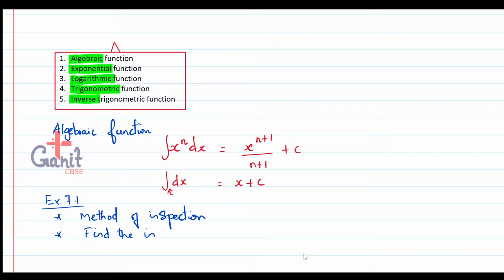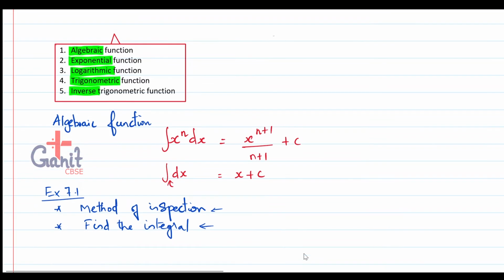If the question says use the method of inspection, we have to inspect by using differentiation. And if the problem says find the integral, we have to just apply the formula. So we'll solve 2 problems here.